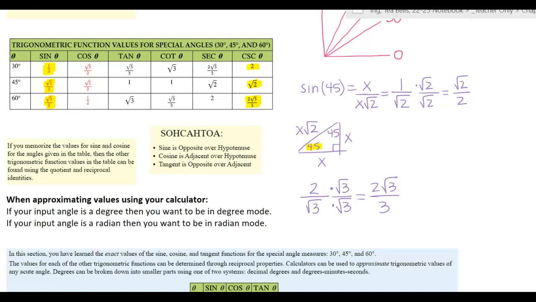It's really important you don't leave the radical in the bottom, and also you cannot simplify a radical unless you have another radical to accompany it. The 2 and the 3 are on the outside here, so we could potentially simplify them, but they don't simplify nicely, so we would just leave it as that.